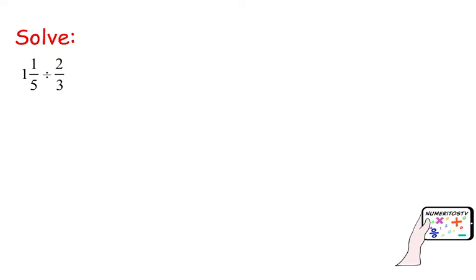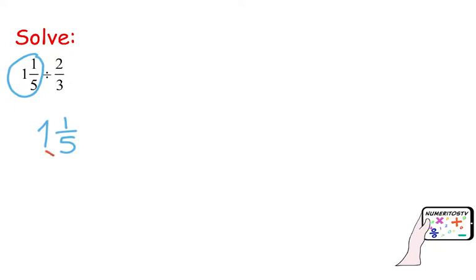What about 1 and 1/5 divided by 2/3? Remember that if you're working with fractions, you need a numerator and a denominator. So this mixed fraction needs to be converted to improper. I show you an easy method in my previous video about multiplying fractions, how you can change a mixed fraction to an improper fraction easily.